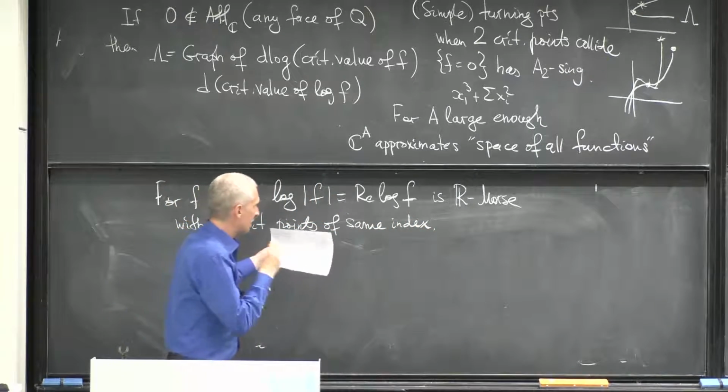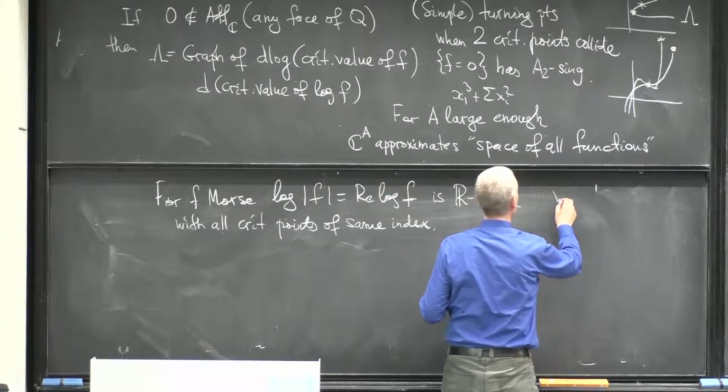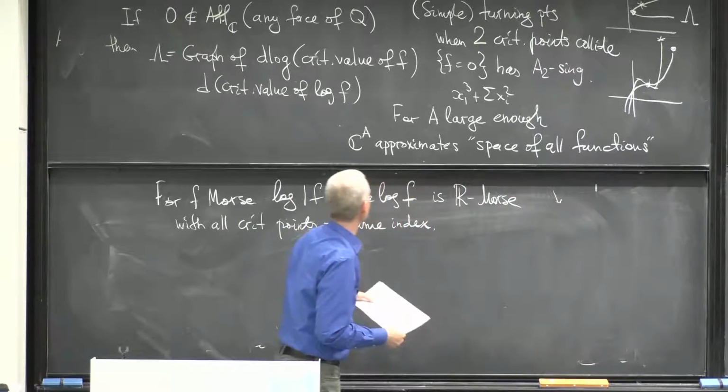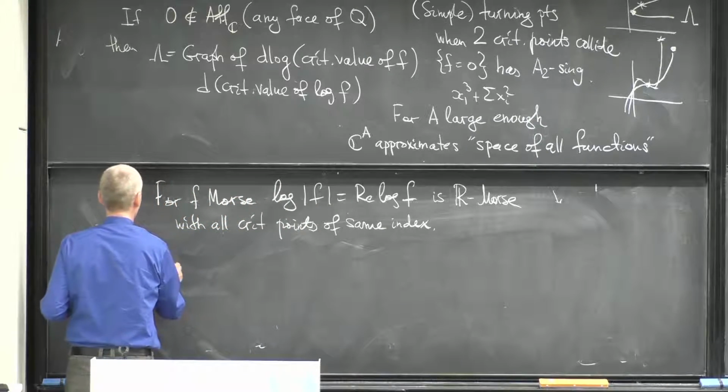But existence of a gradient trajectory between two critical points of the same index is a codimension 1 event.